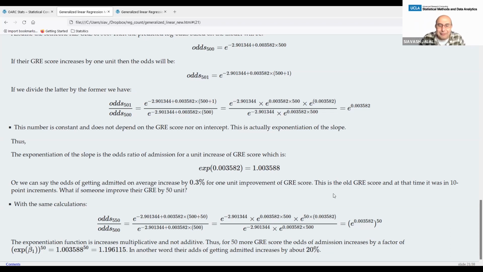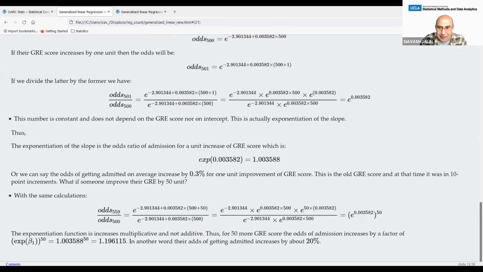Now, what if we wanted to see if someone improved their GRE by 50 units, how their outcome increases, right? So that makes sense, right? 50 units, if I increase my GRE, what is the chance of admitting, or what is the odds of admitting will be different, right? So let's do that, right?